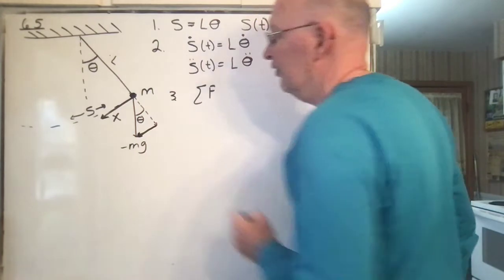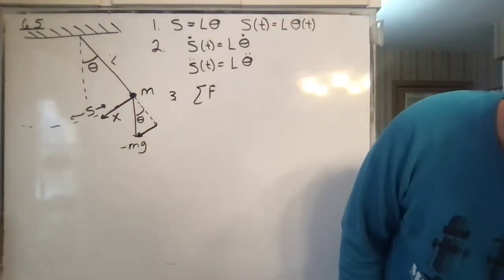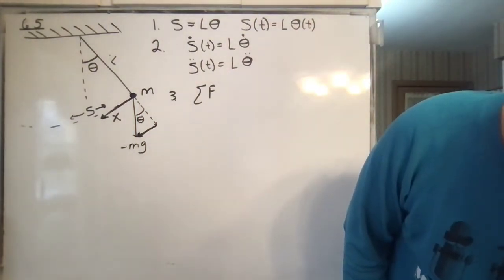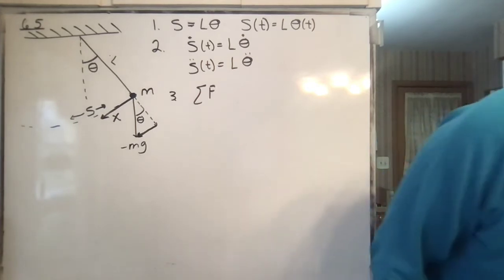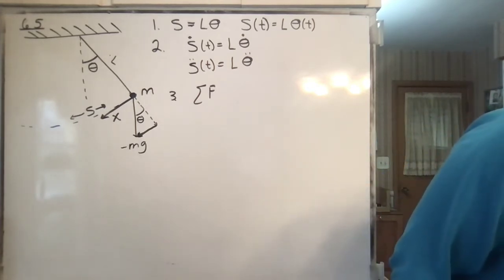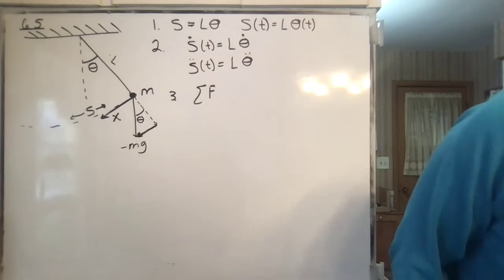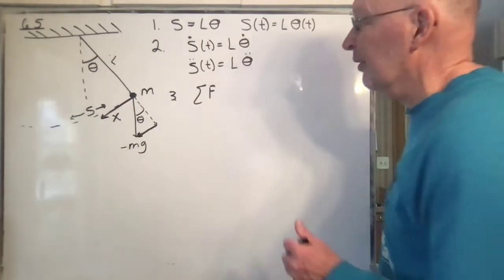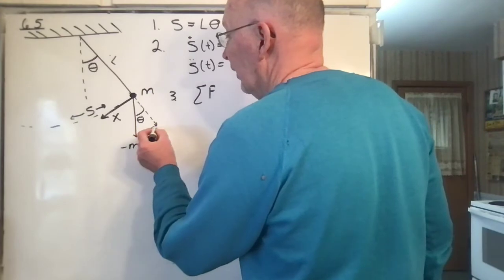That's going to be the resultant force. Let me see what 3 is asking for again. So the sum of the forces is just going to be this thing right there.